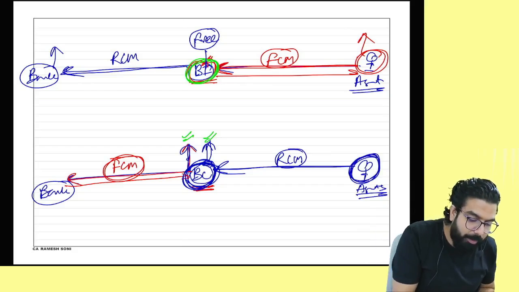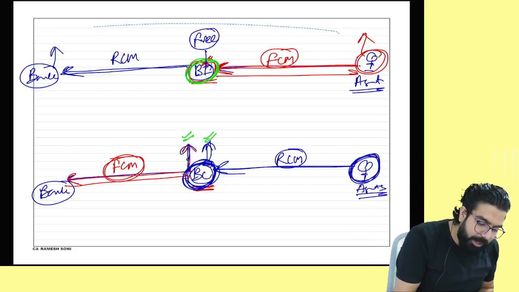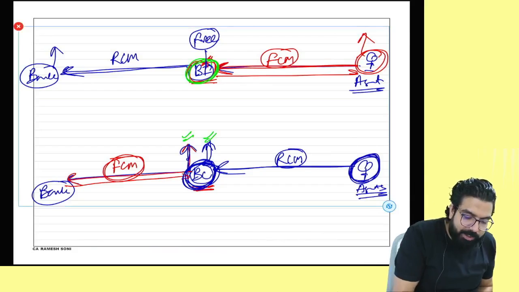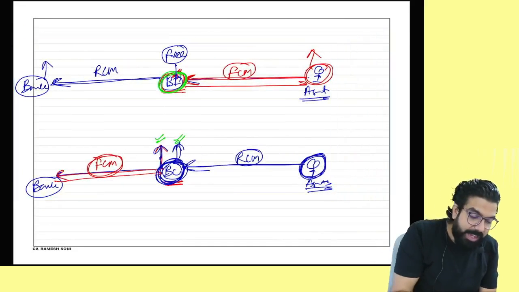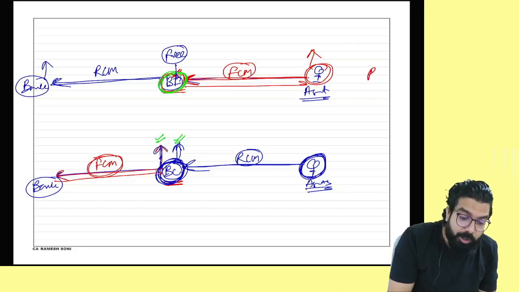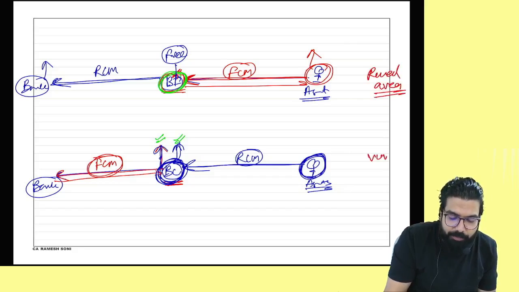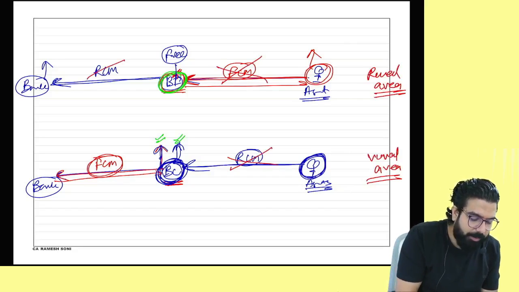Next. But you remember one thing everyone. If business correspondent and business facilitator are giving services with respect to what? Rural area accounts. If they are giving their services where, everyone? Rural area, then remember all this will become exempt.